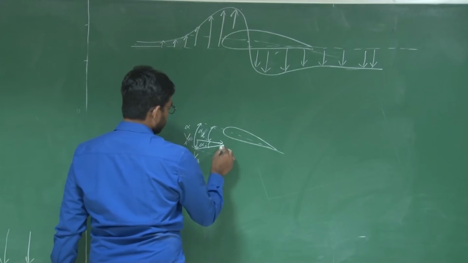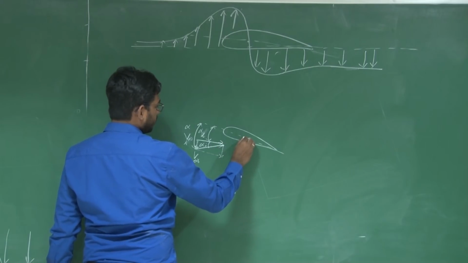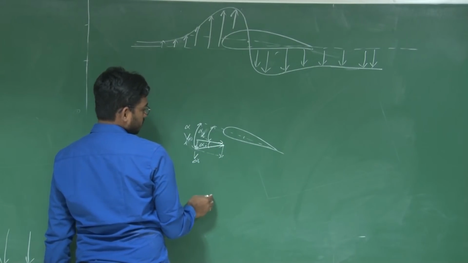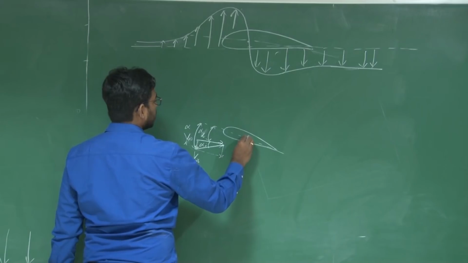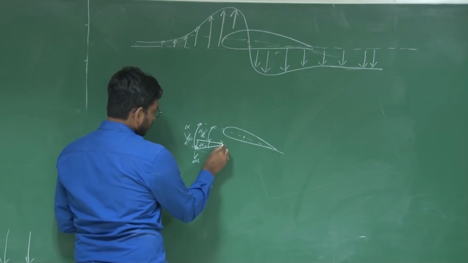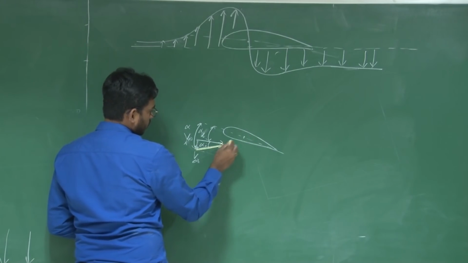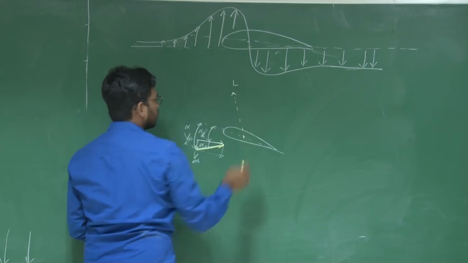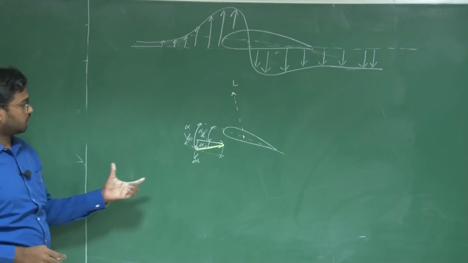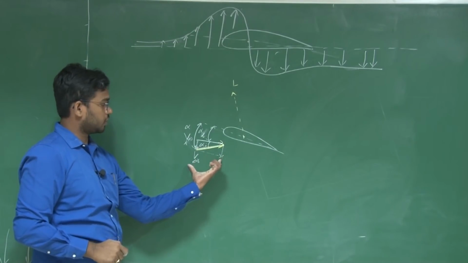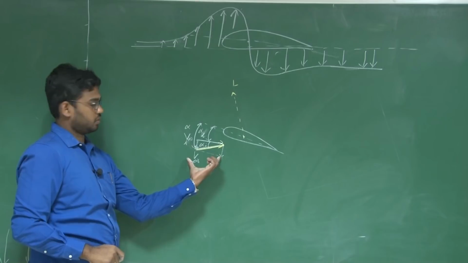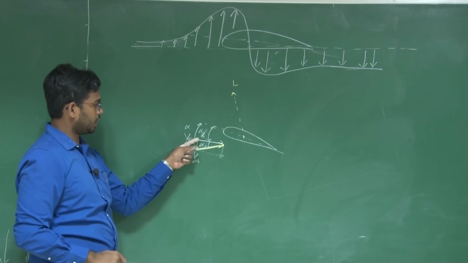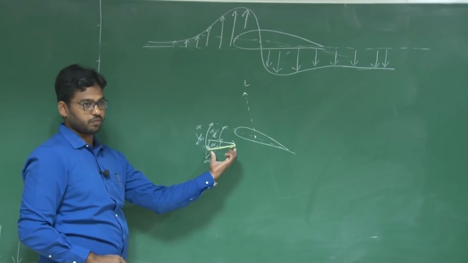Now, the local lift will be perpendicular to this. The actual lift direction, say this is the lift of the overall wing, is perpendicular to the free stream velocity, right? But the local velocity is at an angle alpha I with respect to this free stream velocity.